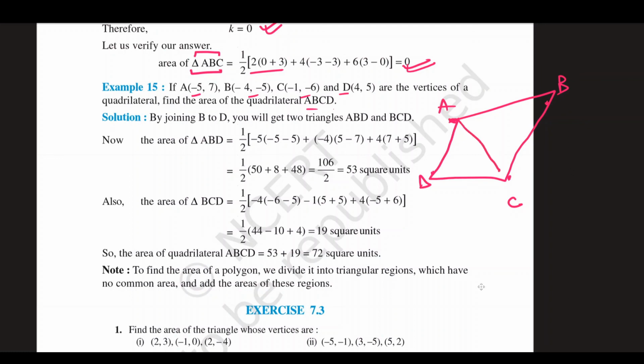We will join AC and add this area and this area. The sum of these two areas, in red and in green, will give the total area of ABCD. You can also join BD and take the areas of ABD and BCD. They have done that, but you can also join AC.